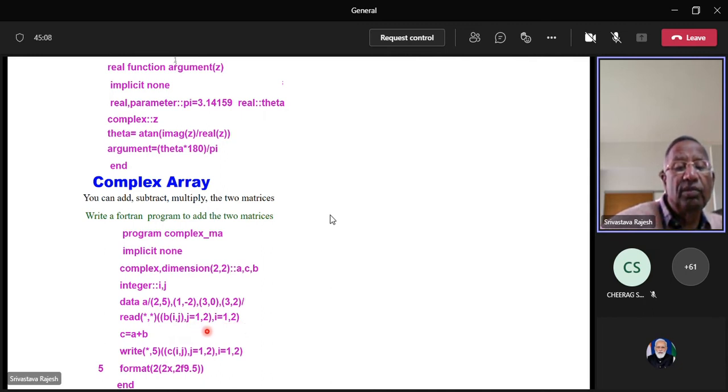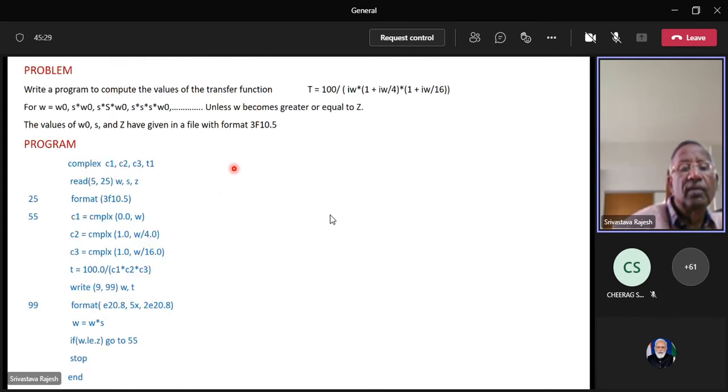The values will be stored here, taking the first value and all two values, then the second value and all two values, and then you can add them. You can write in the same manner using double format. So complex quantities can also be handled this way.